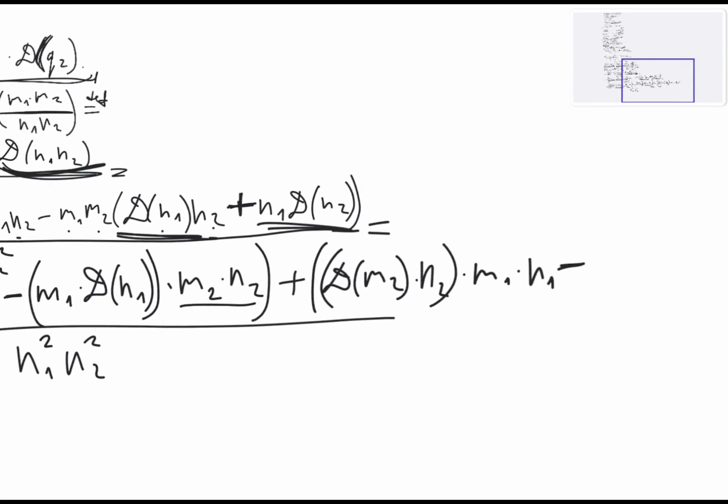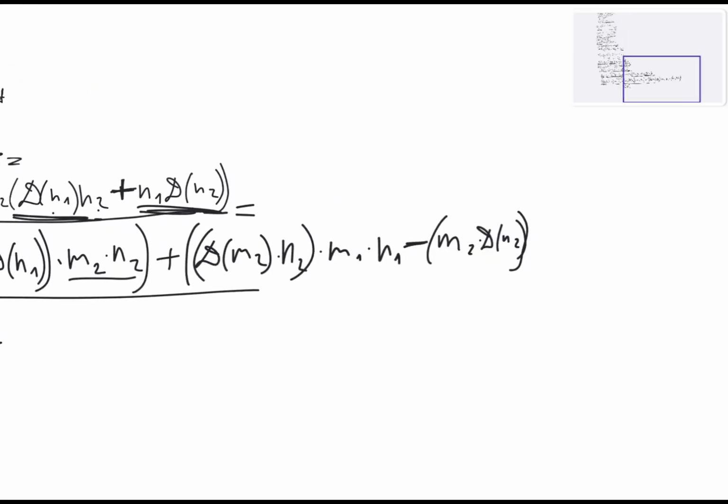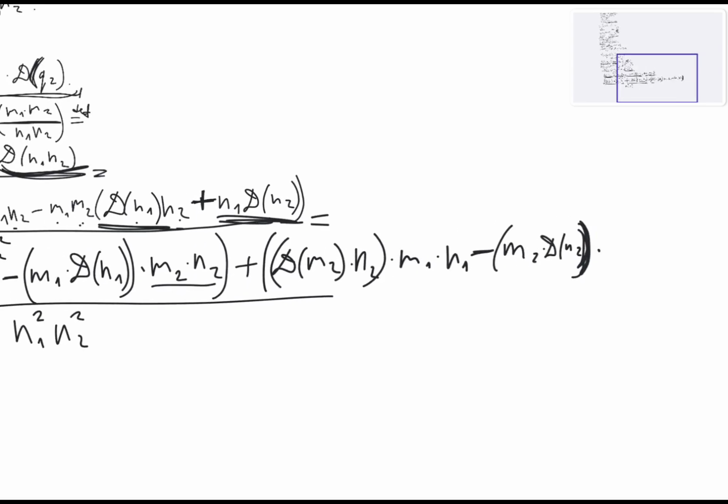So minus we have m2 multiplied by d of n2, multiplied by m1 and n1, and large bracket.